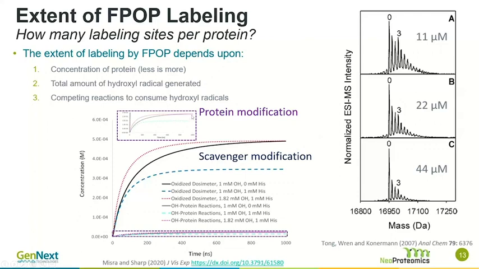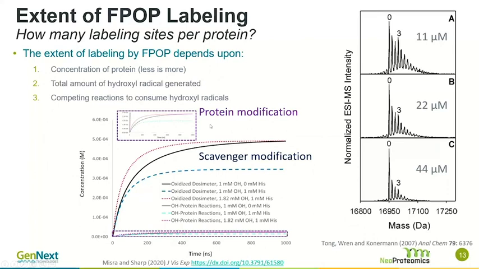Not only can I use this as a readout, but if I see less oxidation of my scavenger, and therefore can infer less oxidation of my protein analyte, I can then compensate for that reduced oxidation by increasing the total amount of hydroxyl radical generated. And if I can compensate for the oxidation in the scavenger, I can infer that I have compensated for the oxidation in my protein analyte.